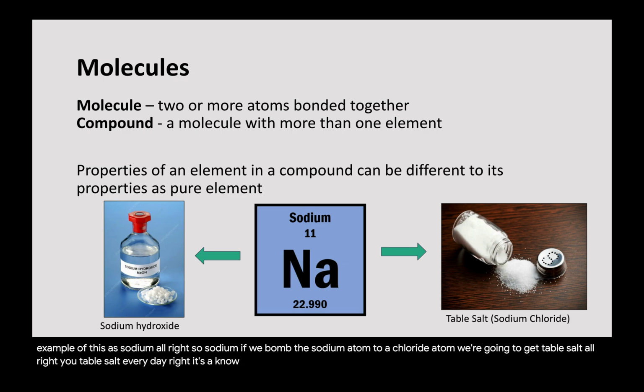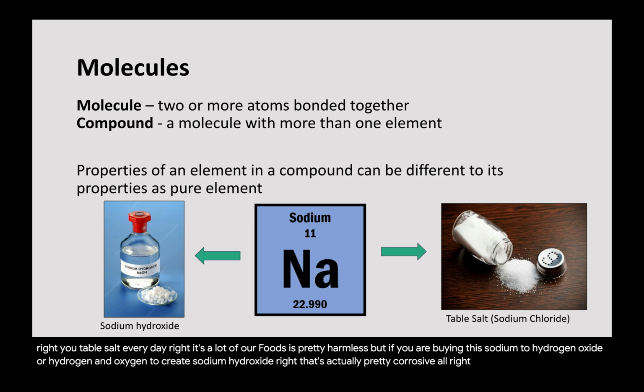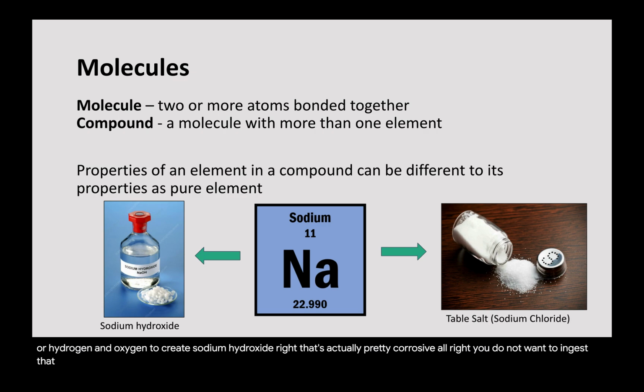It's in a lot of our foods. It's pretty harmless. But if you bind this sodium to hydrogen oxide, or hydrogen and oxygen, to create sodium hydroxide, that's actually pretty corrosive. You do not want to ingest that. So these properties can change depending on what elements are bonded together.